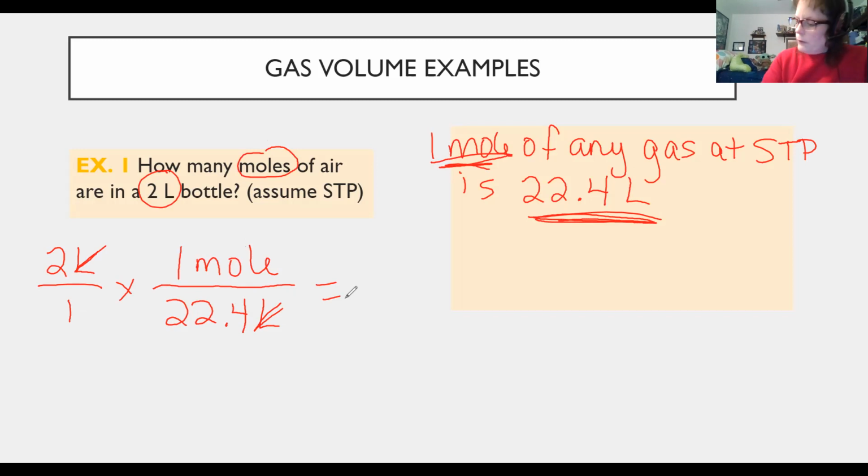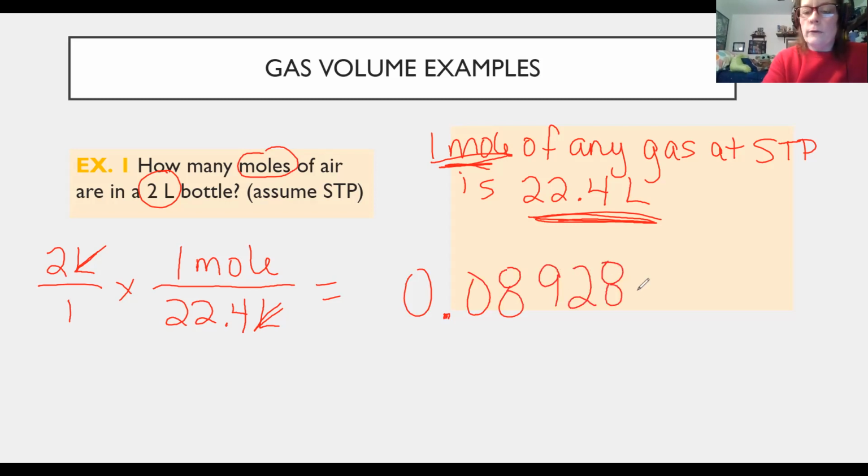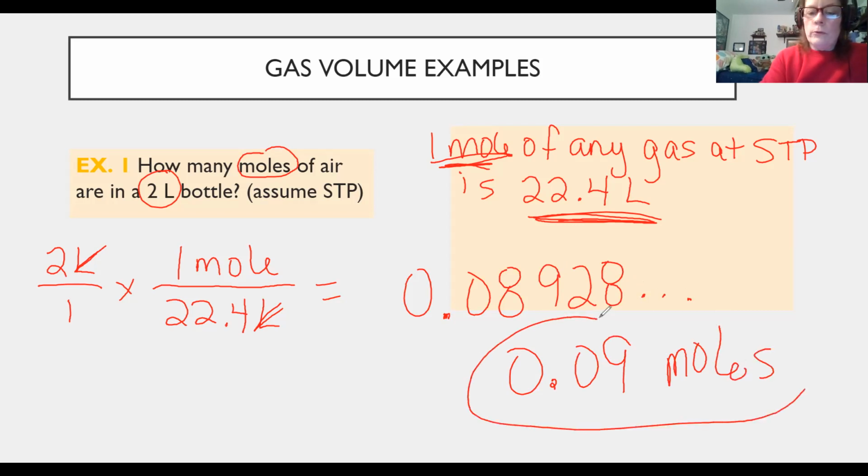So basically this is going to come out to 0.0, you get some long number like 8928, and it just keeps going and going. But we can just say that we have 0.09 moles. We'll just round it. Okay, so that's how you tackle that one.